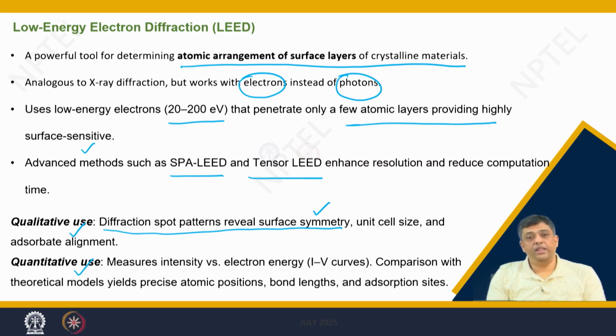From symmetry, you can then go on and talk about the unit cell, the type of unit cell, the dimensions, and if you have those parameters, you can also talk about the expected growth mechanisms. And you can also talk about the adsorbate alignment. If you are talking about quantitative use of these measurements, then, for example, you have the intensity versus electron energy curves.